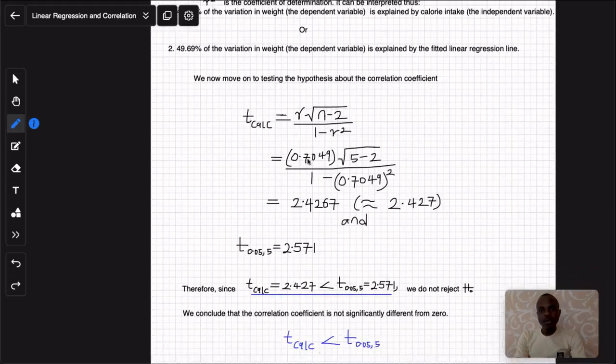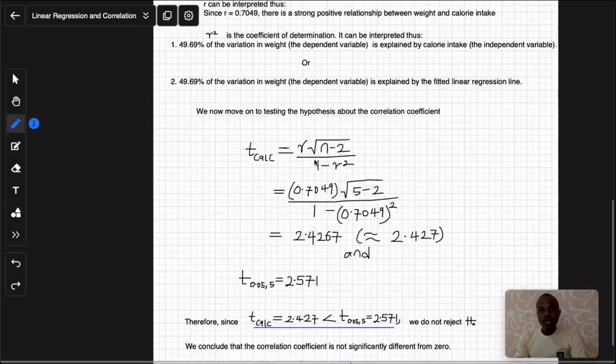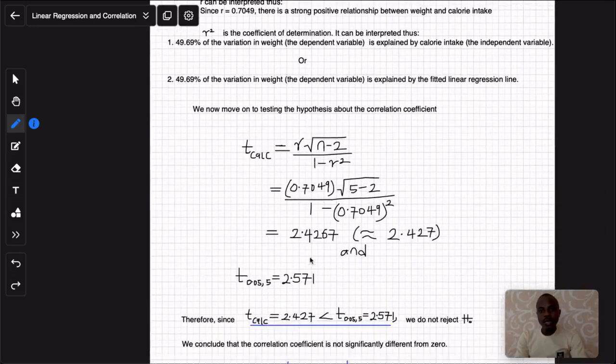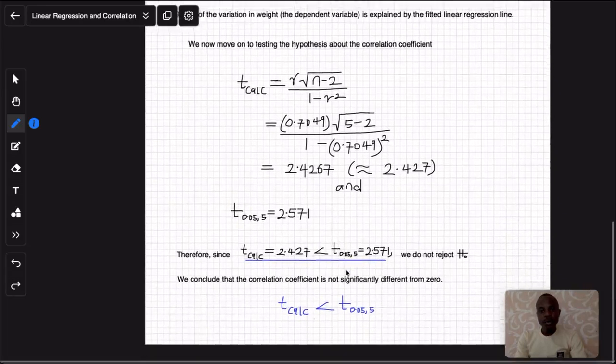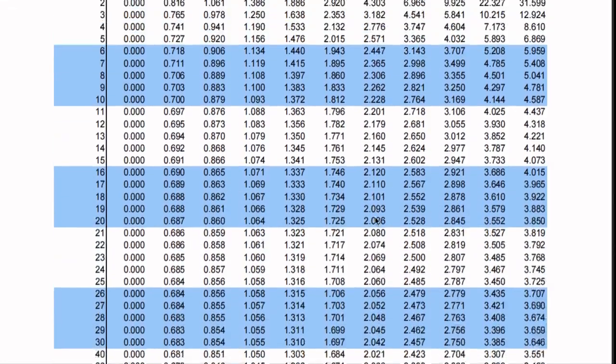Now substituting all your values, n is 5, don't forget, and R is 0.7049. So when you do that, you get 2.4267, which is approximately 2.427. I did that because of what we're going to be looking at next. So let's look at the T table.